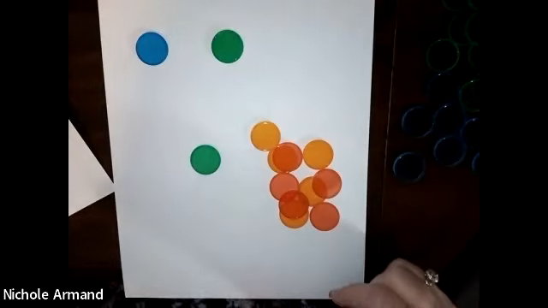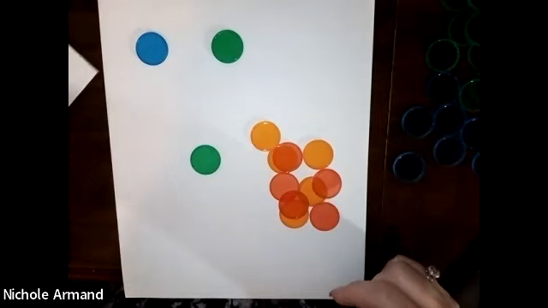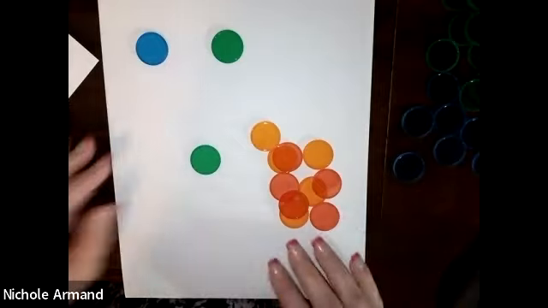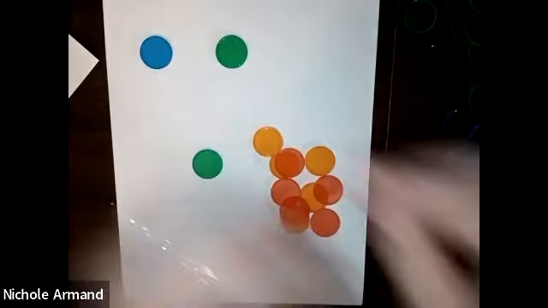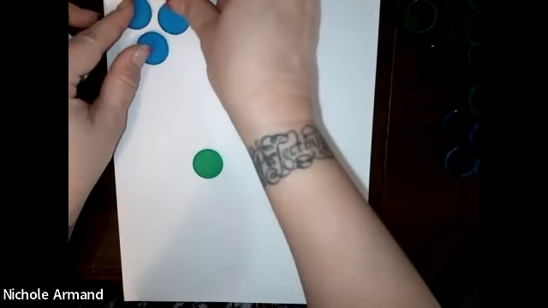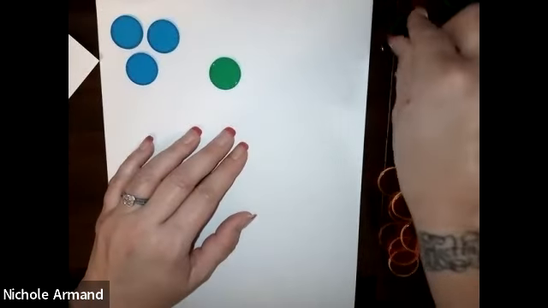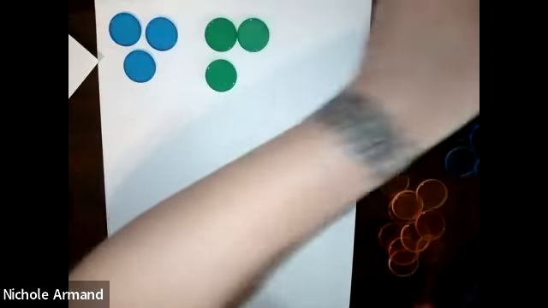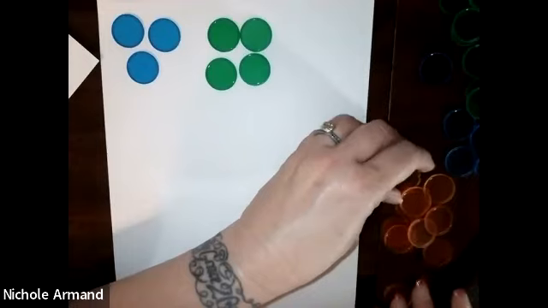So let's see how we can do this same problem, 346 plus 65, which is addition with regrouping. So let's take 300. The blue ones are going to be the hundreds place value, the green ones are going to be the tens place value, and we're going to use the orange ones for the ones place value.